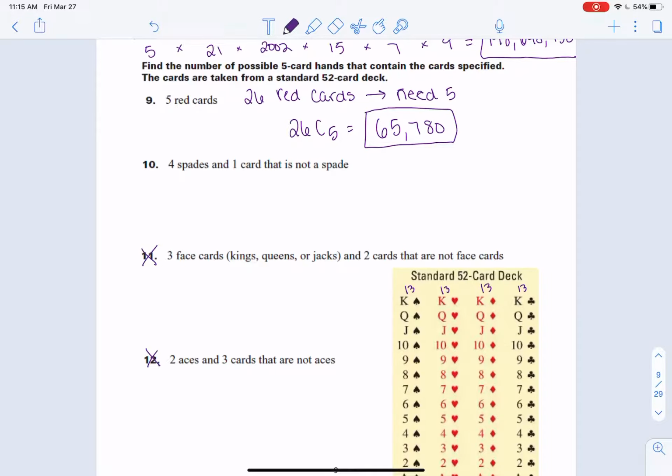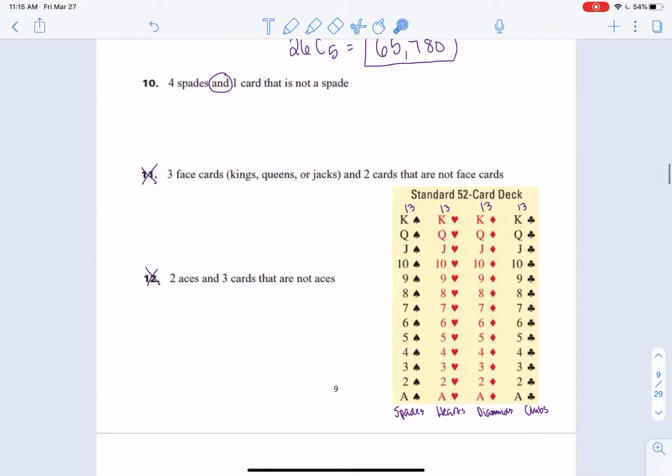Okay, and then let's look at 10. So 4 spades and 1 card that is not a spade. Okay, so notice here we have that "and" language. So the chances of us choosing 4 spades, well, how many spades are there? So if you look, we've got 13 spades, choosing 4. And it would be multiplication, 1 card that is not a spade.